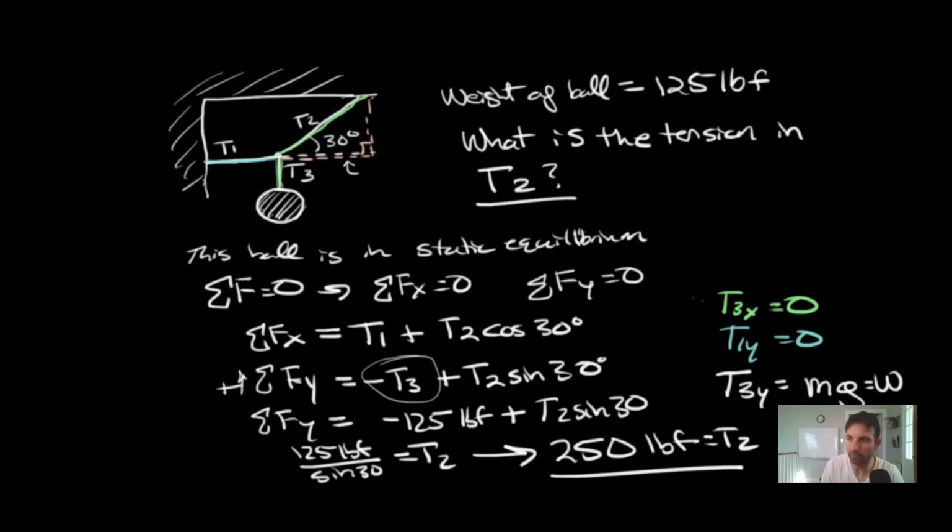I should have done this at the very beginning. This is what you get when you've done so many of these, you skip steps. The free body diagram of this would look like this, this, and this. So if you do that, that'll help you with your signs.